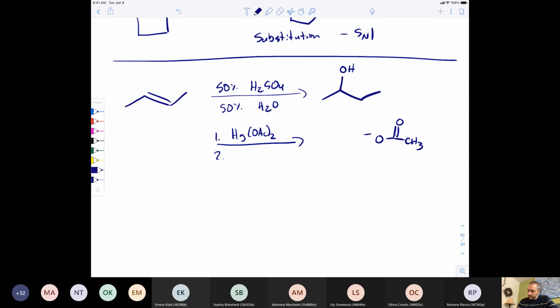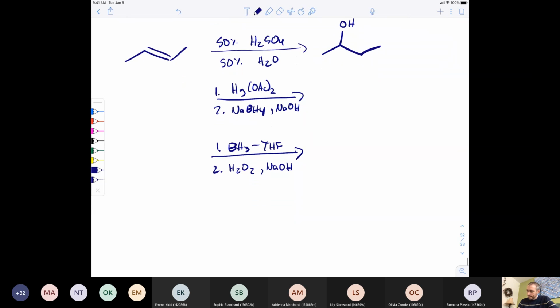And this uses, I believe, NaBH4, sodium borohydride, in the presence of base. And in this example, that'll give you the same molecule all over again. Or you could use hydroboration, and the oxidation uses hydrogen peroxide.